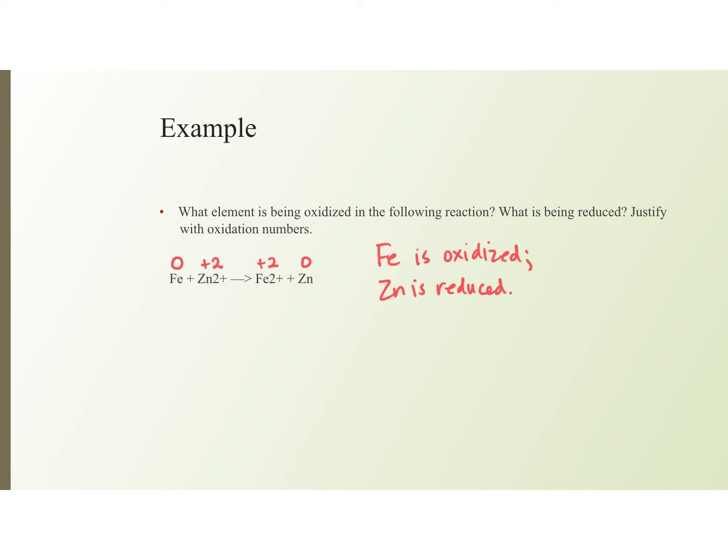Zinc, on the other hand, went from an oxidation number of +2 to 0, which means that it is being reduced. And terminology is very important. You need to say that it's the element specifically that is being oxidized or reduced. You wouldn't say the Zn2+ is being reduced. We say that zinc, the element, is being reduced. And that's just a matter of convention and terminology.